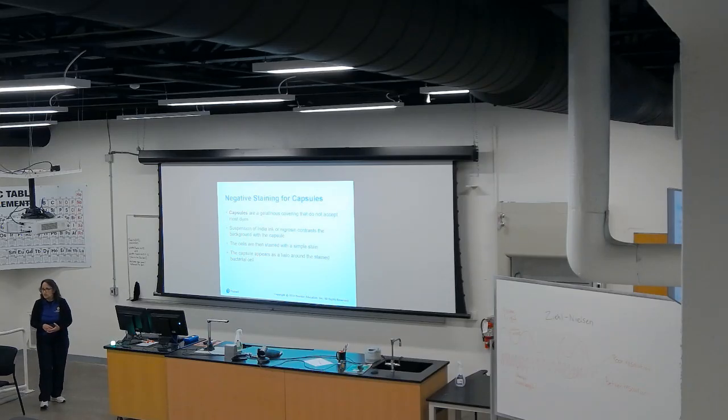So how do you visualize the capsule? Well, you do it indirectly with the capsule stain or negative stain. This capsule is made of polysaccharides or lipoproteins, and it is organized really well. It's a little bit dense, and it's basically sticky.